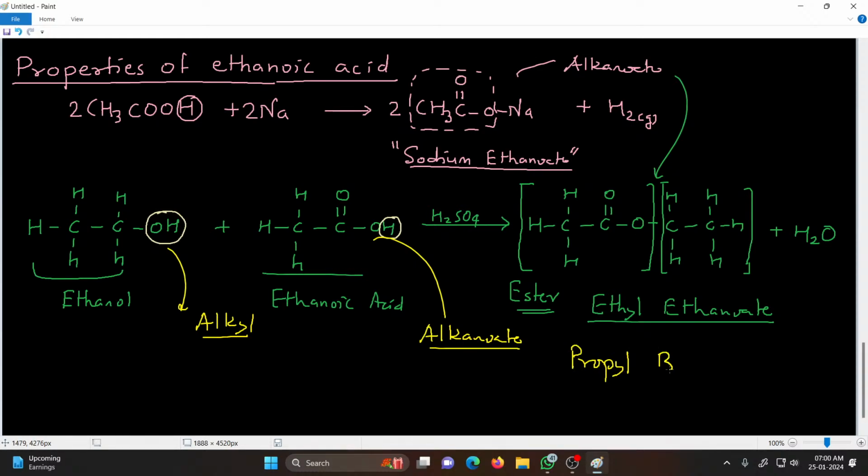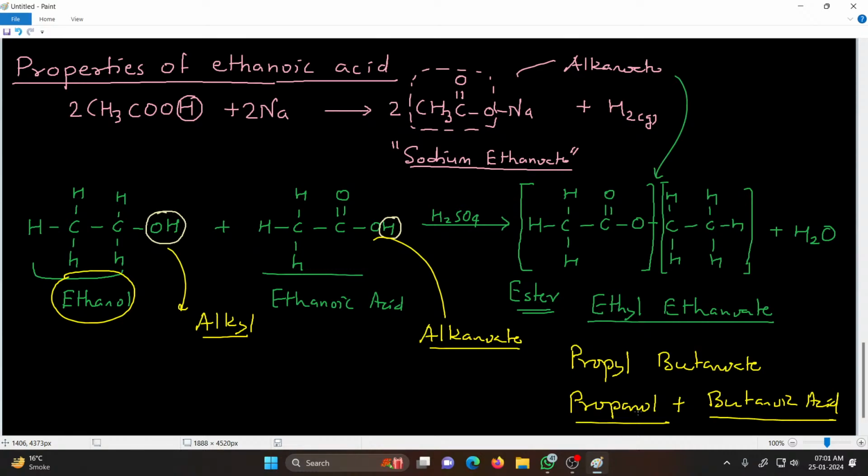Then the alcohol part is giving alkyl, so you have to use propanol, and the acid gives the alkanoate part, so you have to react it with butanoic acid. So like this you can remember that alcohol always gives the alkyl part and carboxylic acid the alkanoate part in any esterification reaction.